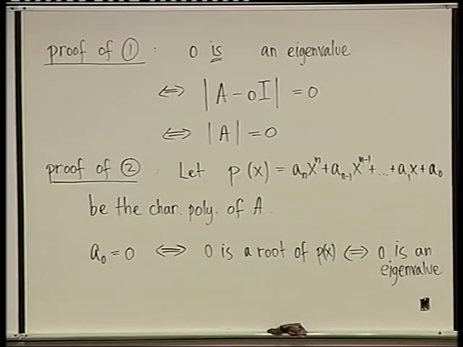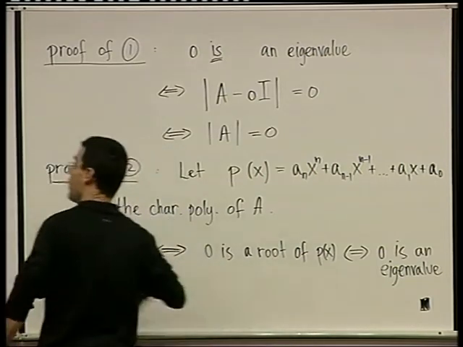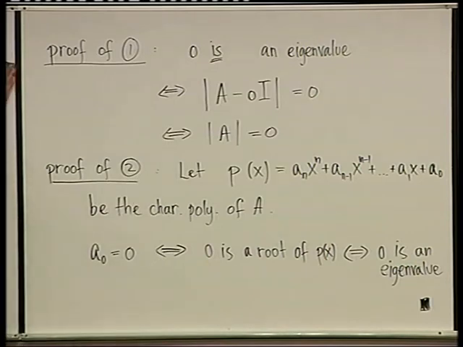Okay, so the next fact that I want to show and prove, in fact, I want to prove that AB and BA have the same eigenvalues. Which is, again, a useful little theorem.